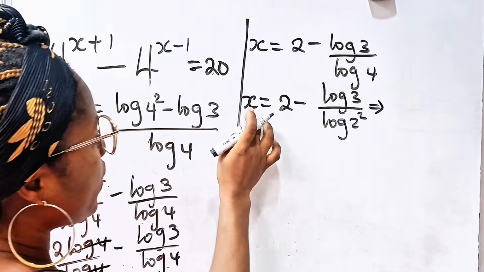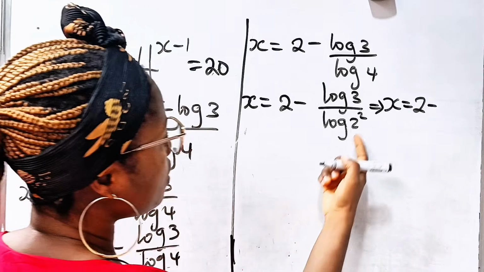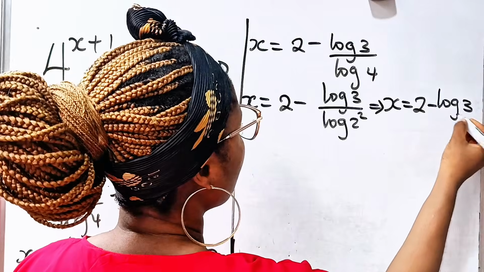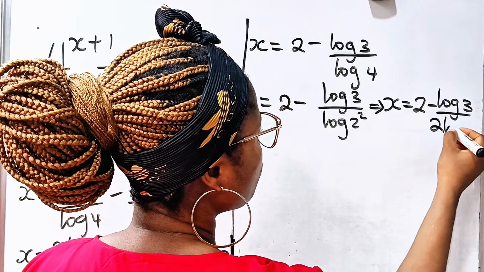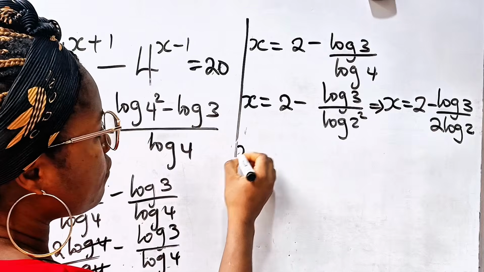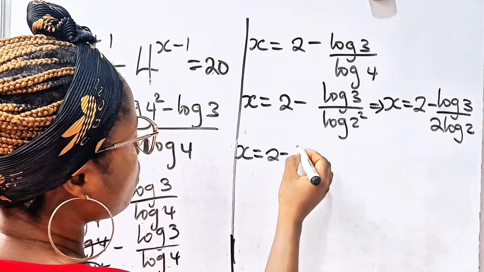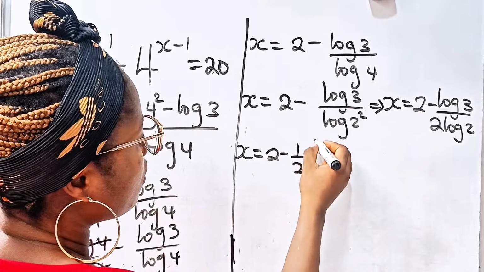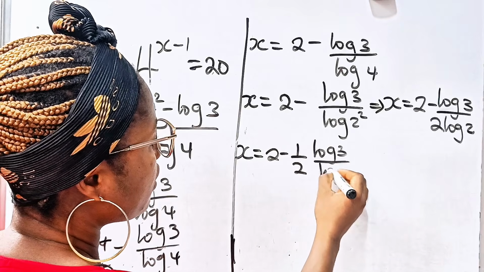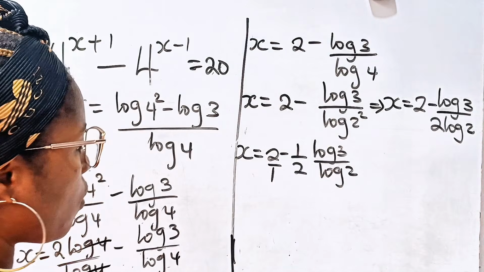So we can write our x now as 2 minus, these two will come down, right? Log 3 divided by 2 log 2. So we have x is equal to 2 minus the same thing as 1/2 multiplied by log 3 divided by log 2. Okay, now 2 is the same thing as 2 over 1.